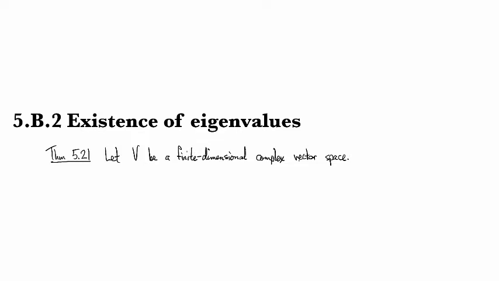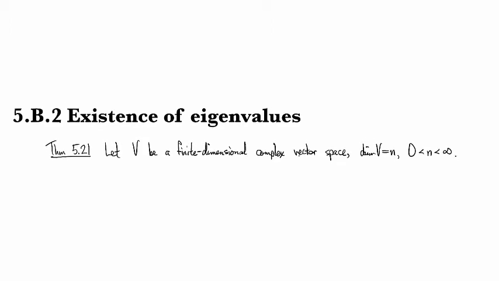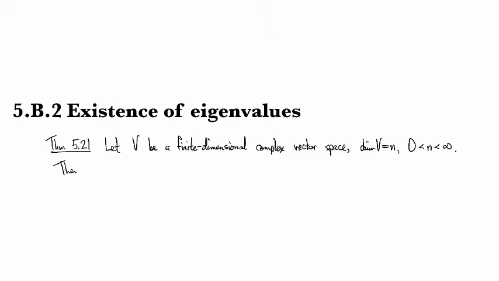We'll take the dimension of V to be n, and we also want to rule out the trivial vector space. So V is a non-trivial finite dimensional complex vector space. Then every operator on V has at least one eigenvalue.